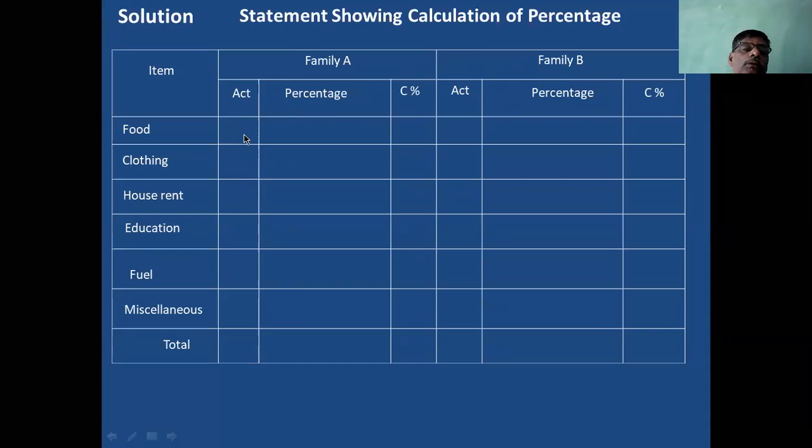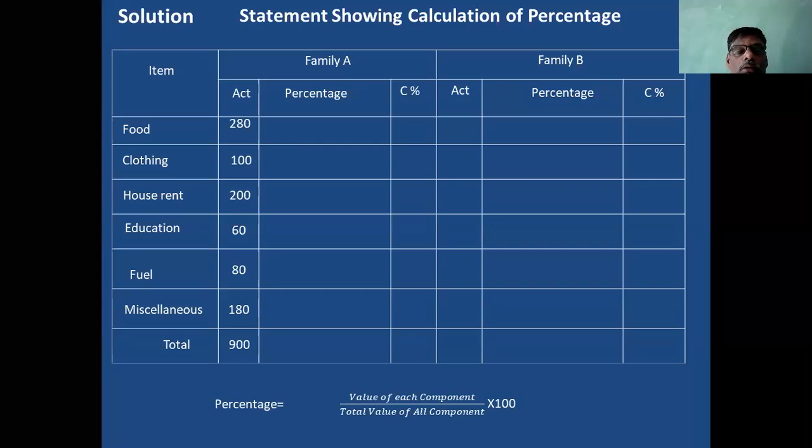You see here, actual 280, total is 900. How to calculate percentage? The actual value of each component divided by the total value of all the components, into 100. You follow the equation: value of each component divided by total value of all components into 100.